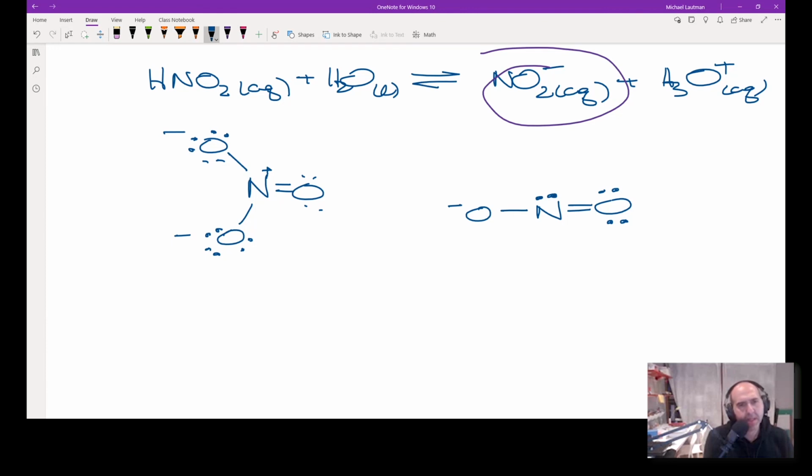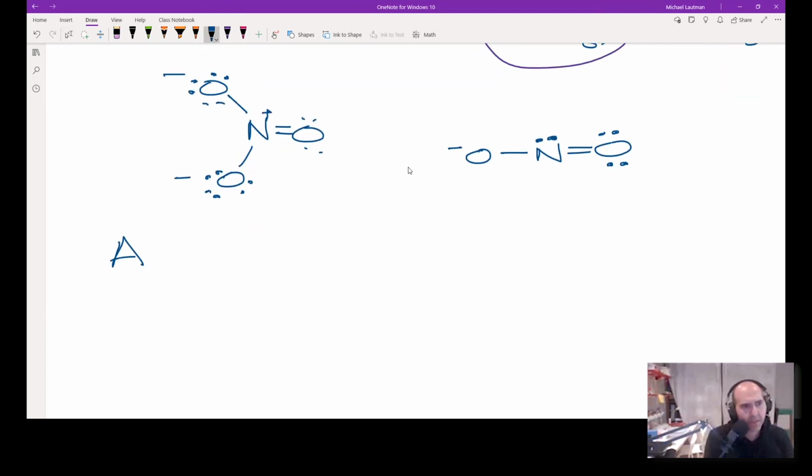Okay, so again, under ARI, let's work our way down the list. Are there differences in the atom carrying the charge between the two acids?